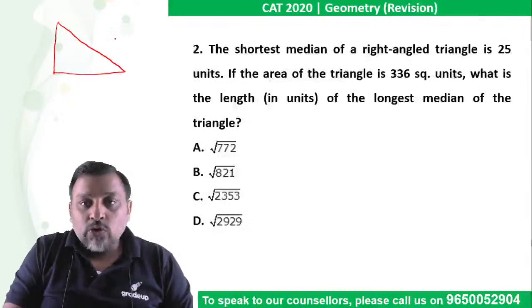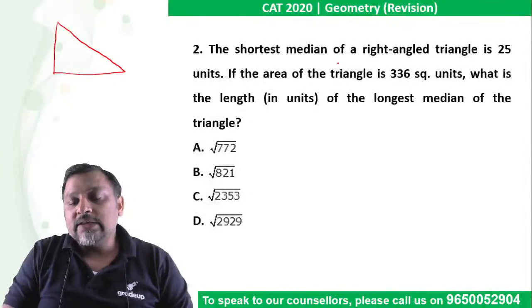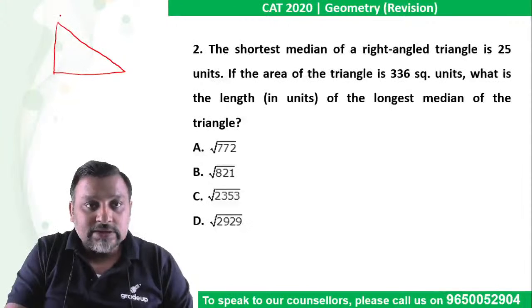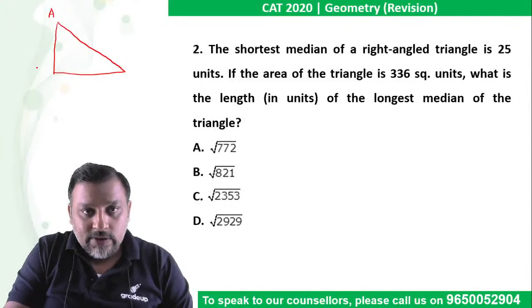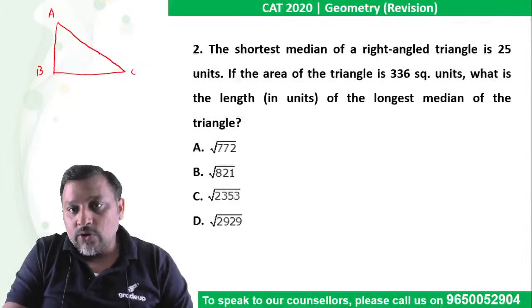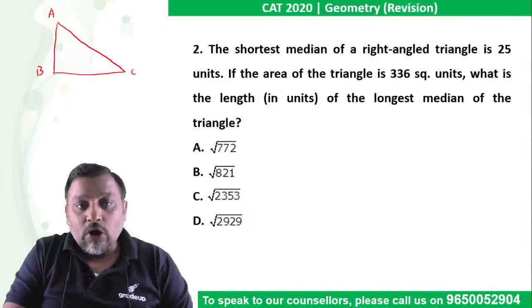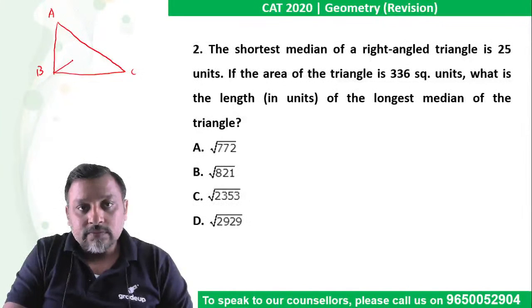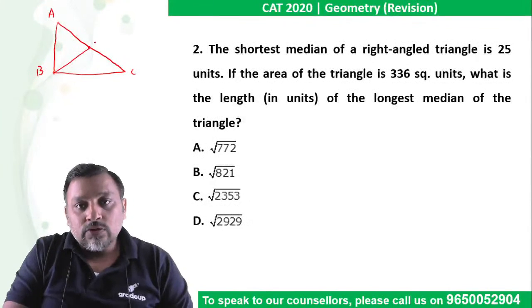Okay, so see, the shortest median is to the longest side. So if I say this is the right angle triangle ABC, where AC is the hypotenuse, the shortest median will be to this side. So if I say this is D and BD is the median.